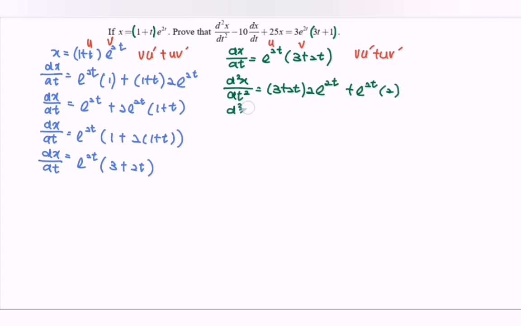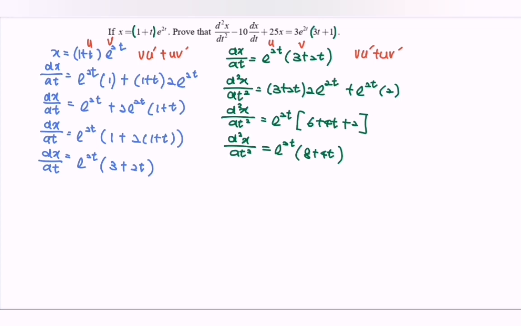So for the second derivative, factor out e^(2t), we have [6 + 4t + 2]. Finally, for the second derivative, we have e^(2t)(8 + 4t). So that is the second derivative.